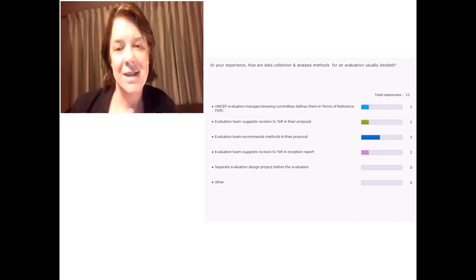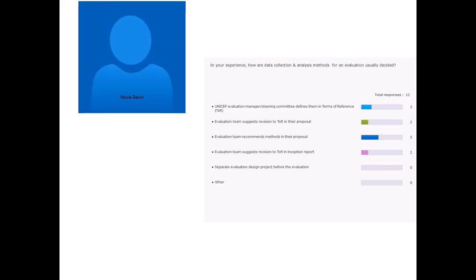Okay, so Patricia, we have 11 responses, and by large are now 12, but nevertheless, evaluation team recommends methods in their proposal is the leading one. In 25% of the cases, the UNICEF evaluation manager or steering committee defines them in the TOR. Oh, it's going up, 31. Yeah, it's a tie between that and actually having the evaluators propose it.